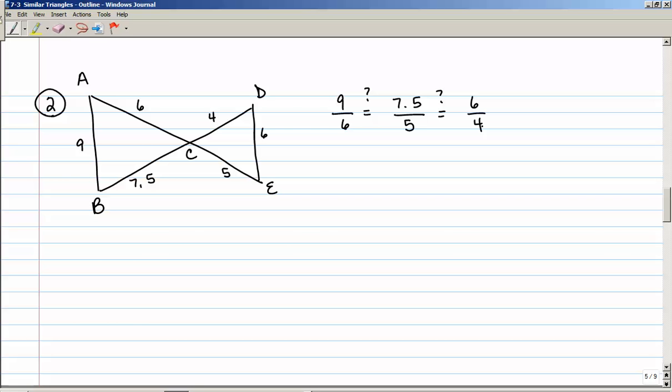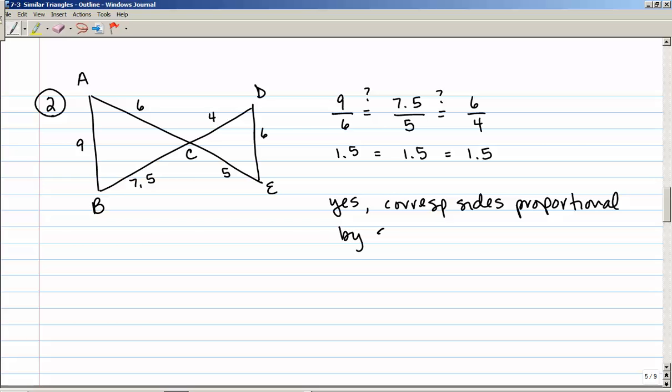Okay. Now if I grab my calculator and do each one of those divisions, I get 1.5, and that's a 1.5, and that is also a 1.5. So yes, the corresponding sides are proportional. I'll go ahead and write that out.